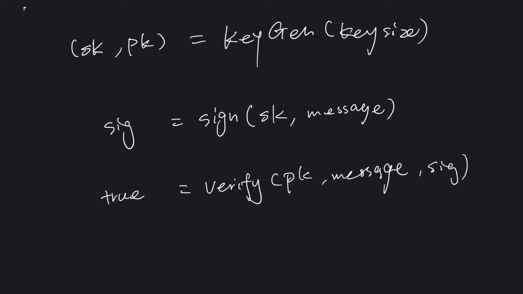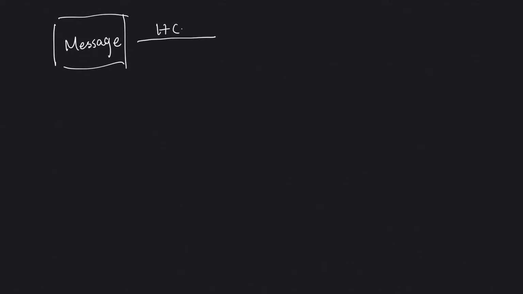So let's take a look at what is actually happening when you sign a document and verify it. Let's say you have a message you want to sign. The first thing you do is use a hash function to get what we call the message digest.